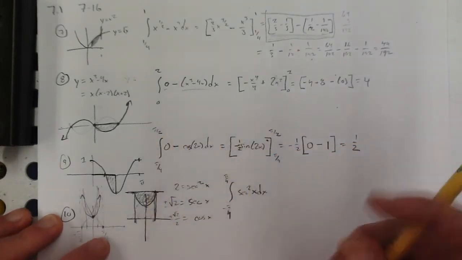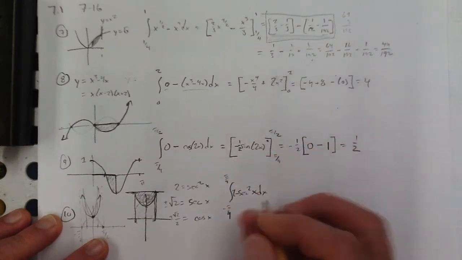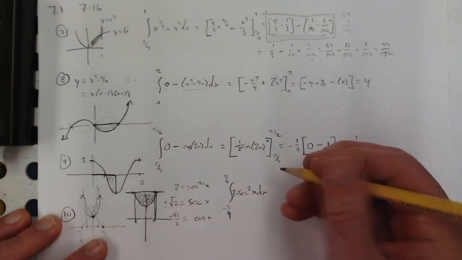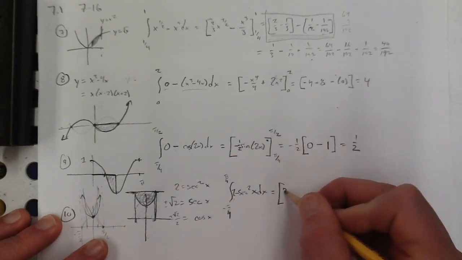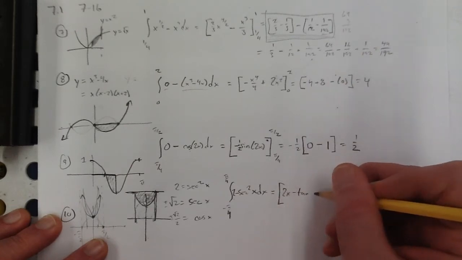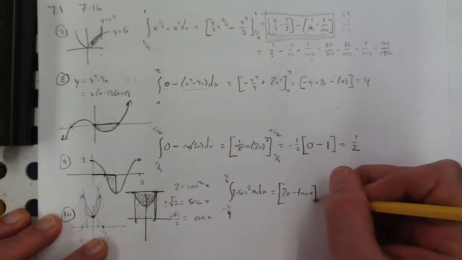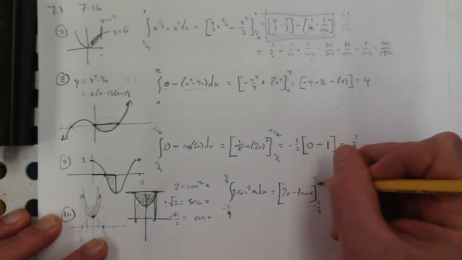Oh, no, no, we're not. What's on the top? 2 is on the top, and the secant squared is on the bottom. So that's what I want there. So the antiderivative of 2 is 2x. The antiderivative of secant squared is tangent. That's just a thing that you know, right?